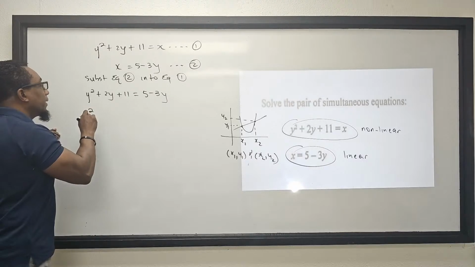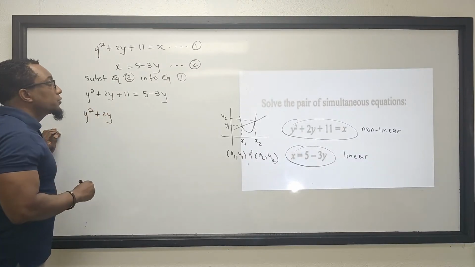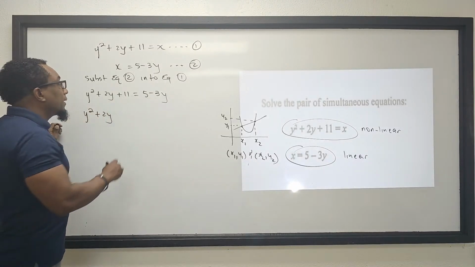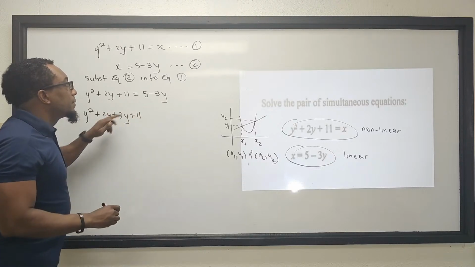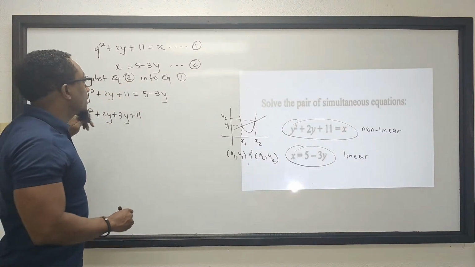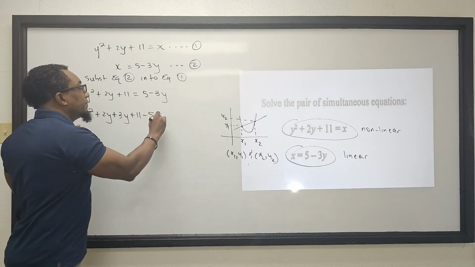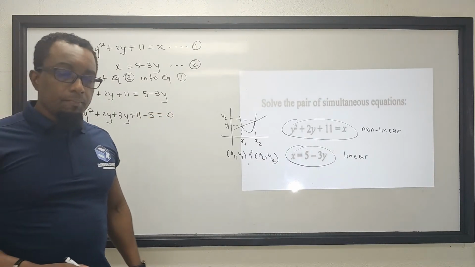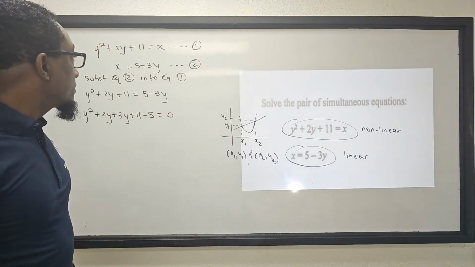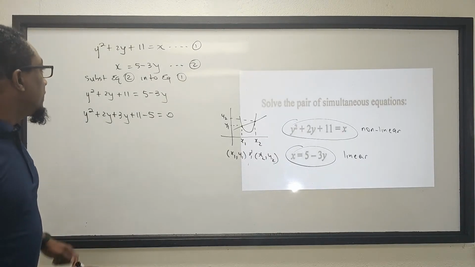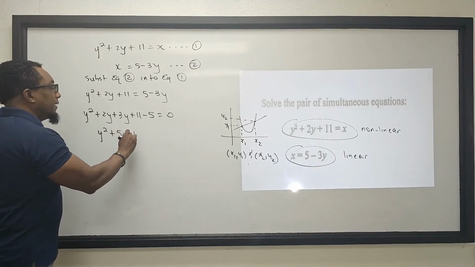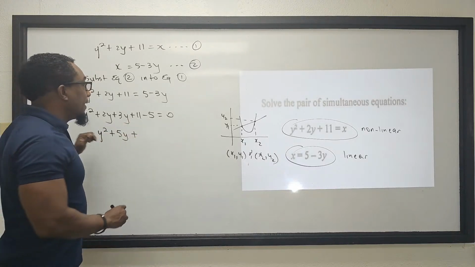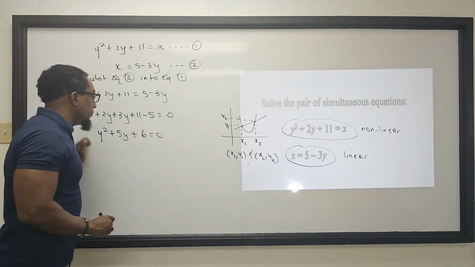So this will be y squared plus 2y, negative 3y will come across as positive 3y, plus 11, positive 5 will come across to the left as negative 5 is equal to 0. So let's further simplify. This will be y squared plus 5y plus 11 subtract 5 will be 6 is equal to 0.